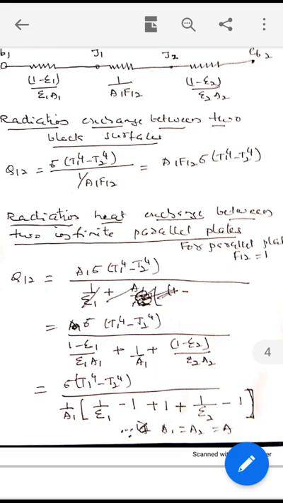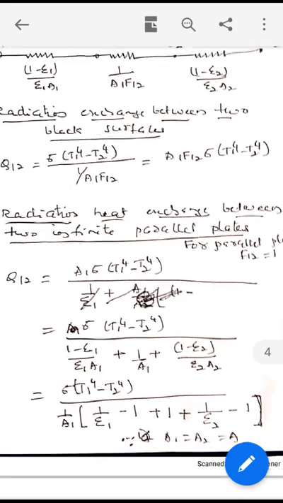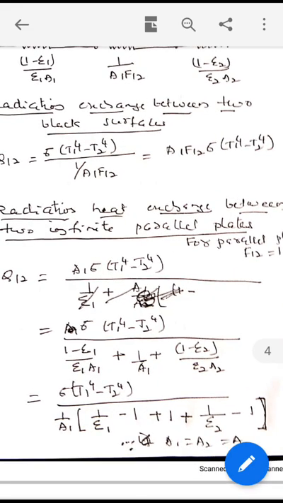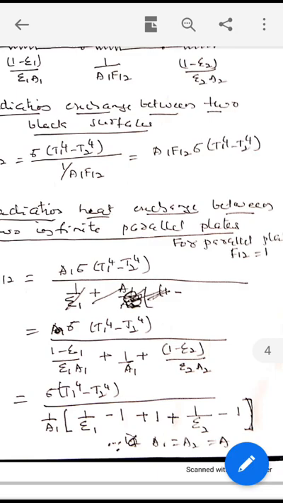Now, the two black bodies radiating heat with each other have only shape resistance. Therefore, Q12 equal to sigma (T1 raised to 4 minus T2 raised to 4) divided by 1/(A1 F12), which is equal to A1 F12 sigma (T1 raised to 4 minus T2 raised to 4). This is the radiation heat exchange between two black surfaces.